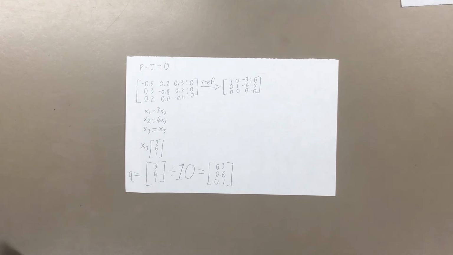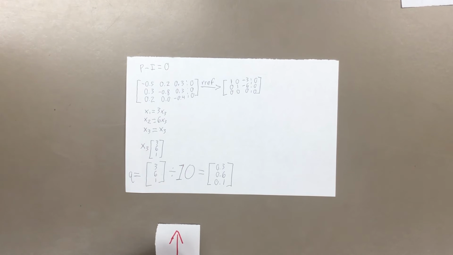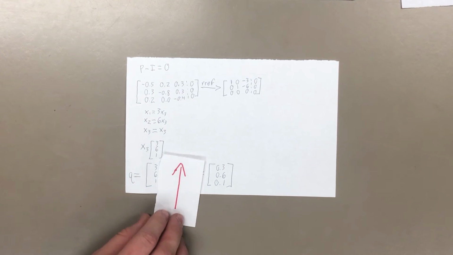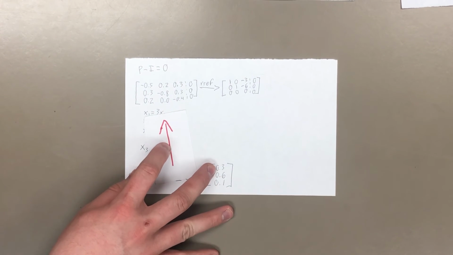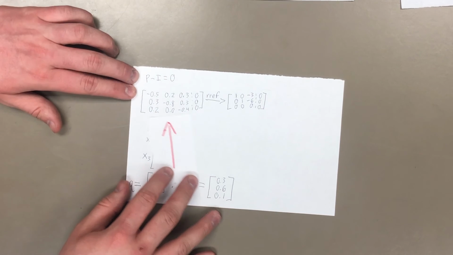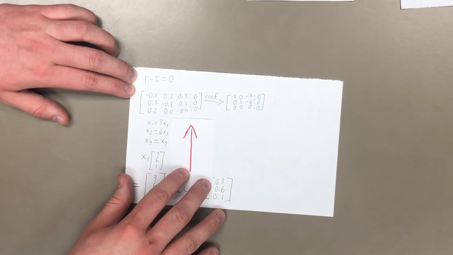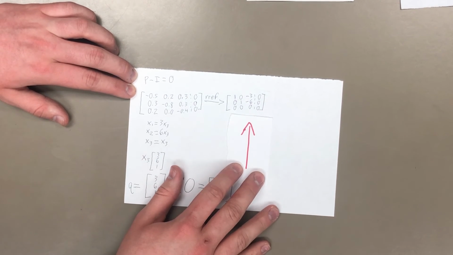Now we need to solve P minus the identity matrix times x equals 0. We want to solve this like we would any other time. We take our augmented matrix with zeros and reduce it to reduced row echelon form.